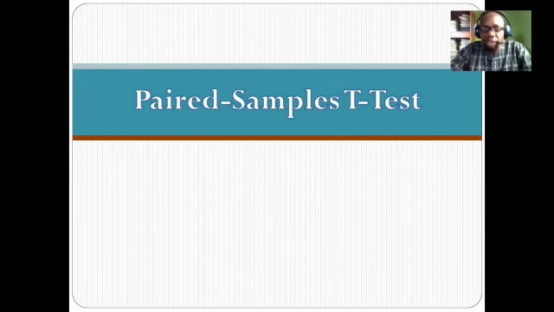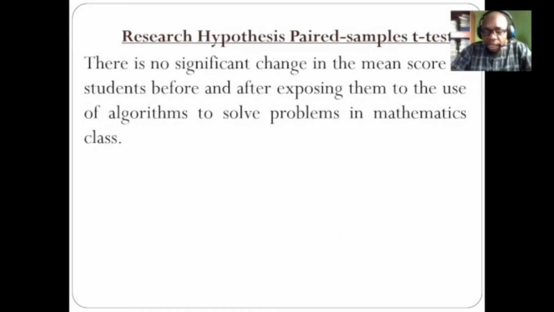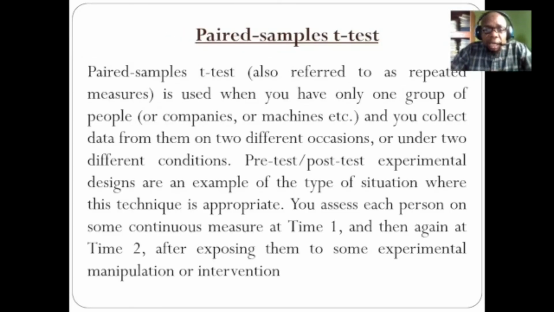Paired samples t-test. The paired sample t-test is the third type of t-test that we have. It is also referred to as repeated measures, and it is used when you have only one group of people or machines or companies or methods or anything, and you collect data from them on two different occasions or under two different conditions.